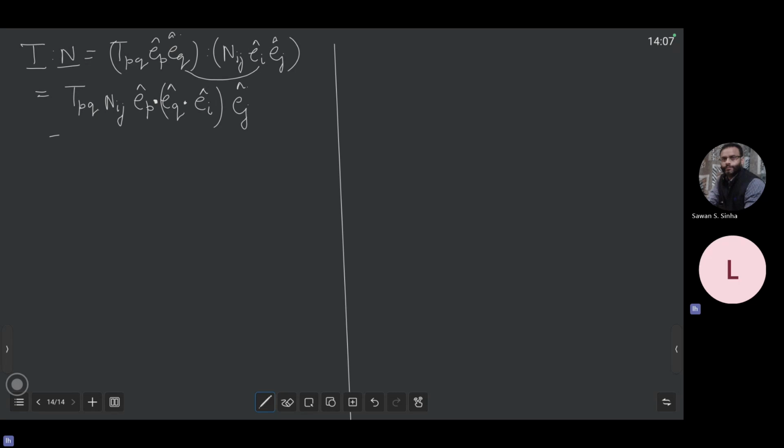What happens to these? What do I do with delta IQ? Throw it away and replace remaining I by Q. Are we okay?